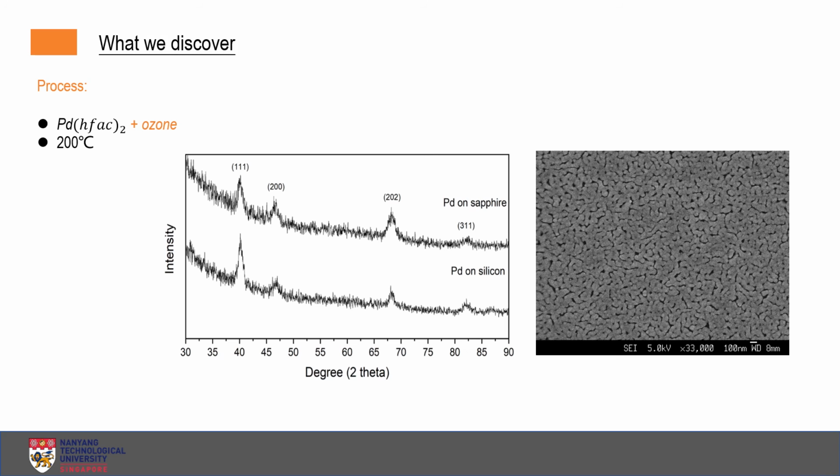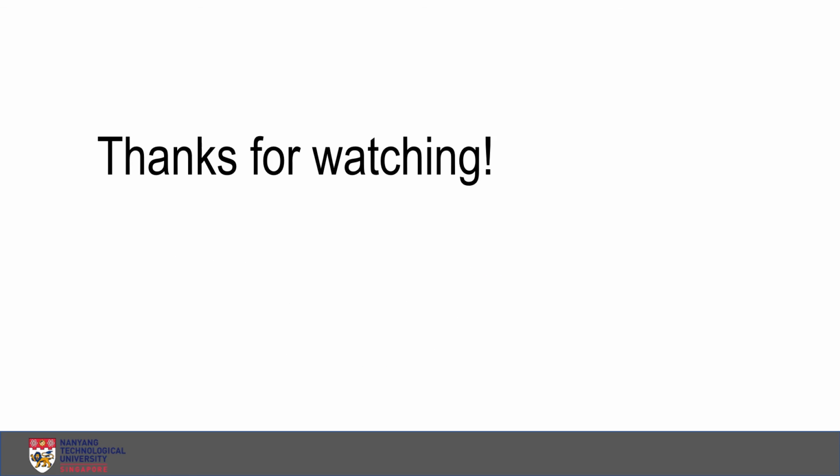And here is the XRD pattern and the SEM images of our Pd thin films. So in conclusion, the fabrication using a Pd precursor and an oxidation agent is actually feasible. Thanks for watching.